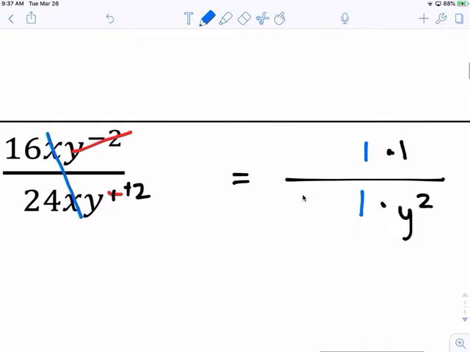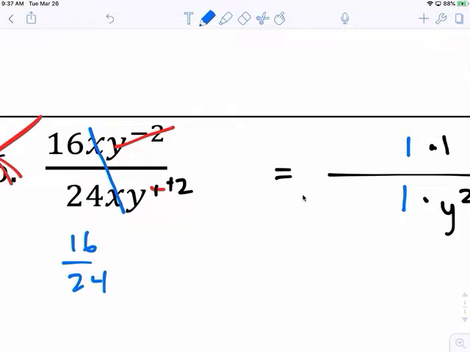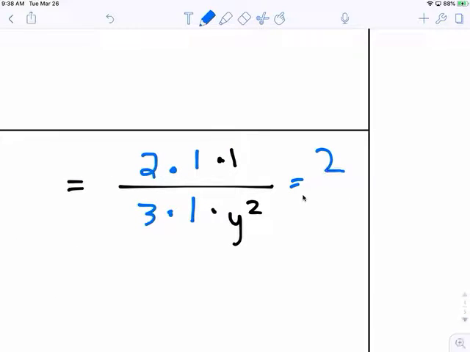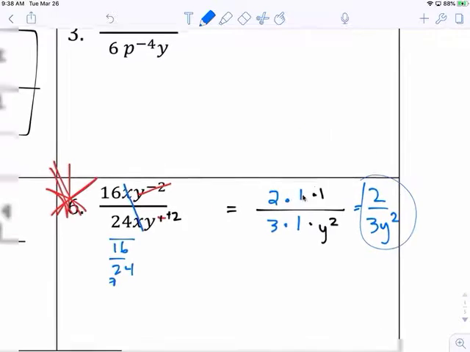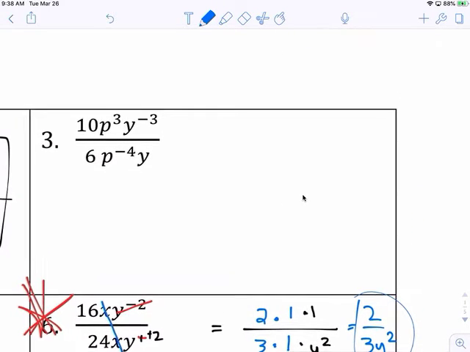Okay, next one. 16 over 24 can be divided by 8. 8 into 16 is 2 times. 8 into 24 is 3 times. So your answer is 2 over 3, y to the 2nd. Okay? Do the same here.